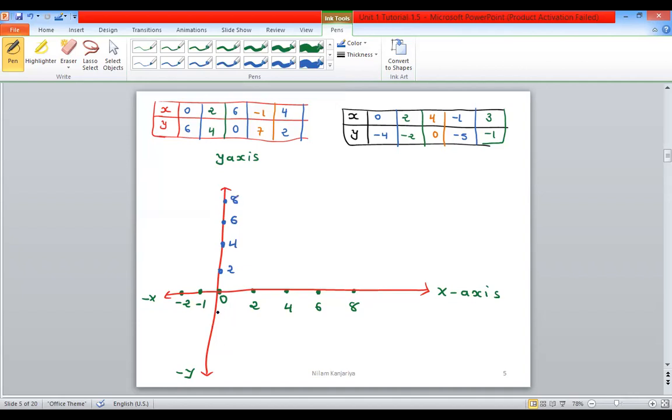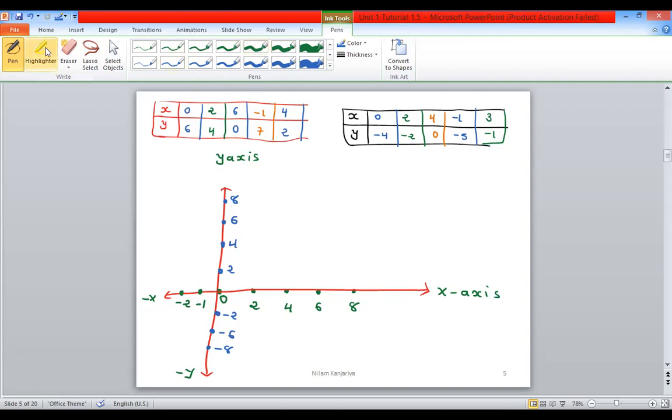Moving below, this is -2, -6 and -8, and so on. Now we take 2 point and make a main point.